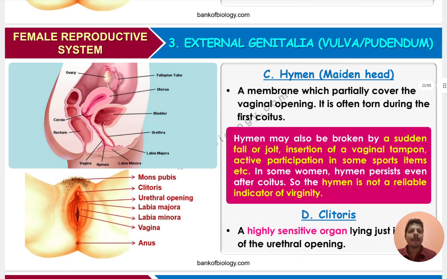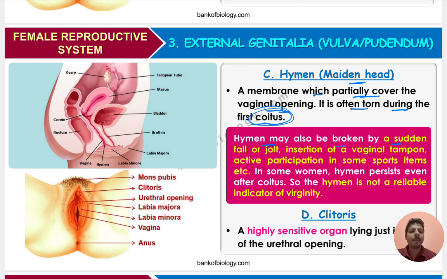Coming to the hymen, also called maidenhead. It is a membrane which partially covers the vaginal opening. It is often torn during the first coitus, meaning first intercourse.